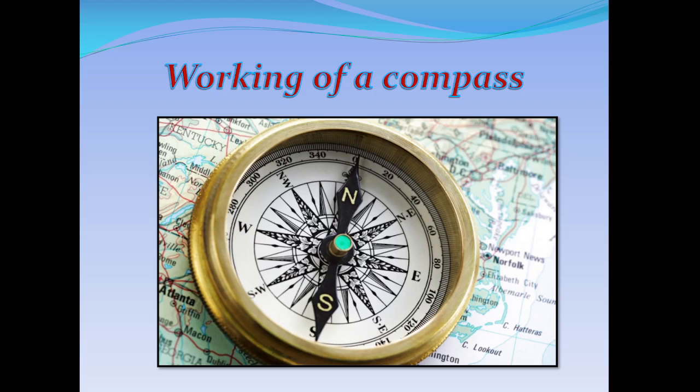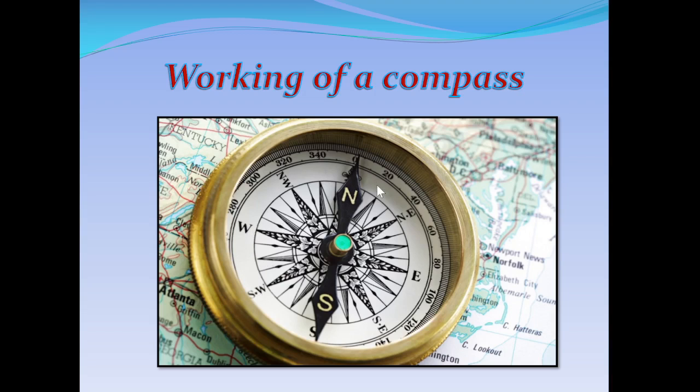Now let's take a look at the working of a compass. What is a compass? A compass is actually a magnetic needle, the black needle having the north and south indicated. It is pivoted, or free to rotate on a point, and around it the different directions are indicated.